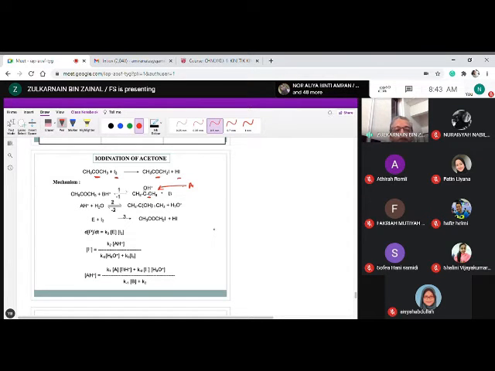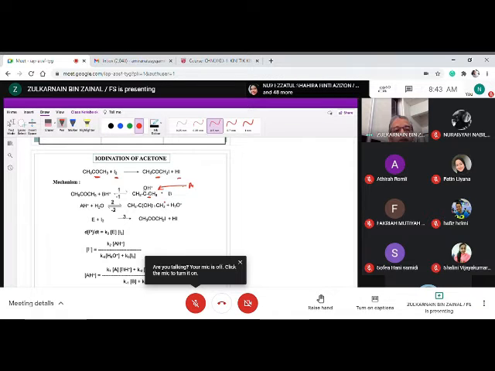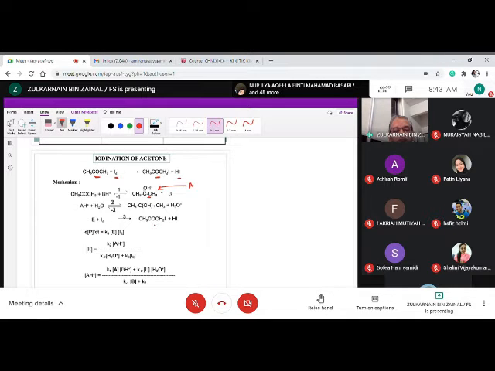Just to simplify the writing, it is written as A. So you can write, for example, this is A, and then AH plus, which reacts with the solvent to form another species, plus H3O plus, and this is E. Then E reacts with I2 to form the product. So that's the product that we need.